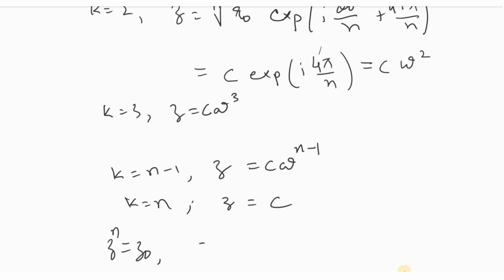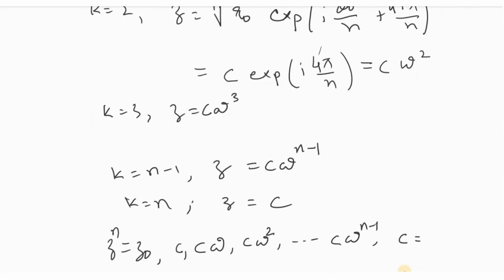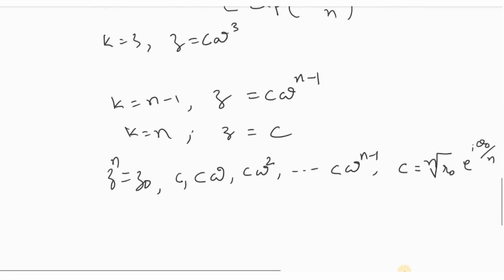The roots of this equation are c, c omega, c omega square, up to c into omega power n minus 1, where c, as we already defined, is the principal root, the nth root of r0 into exponential of i theta 0 by n, and omega is e power i 2 pi by n.